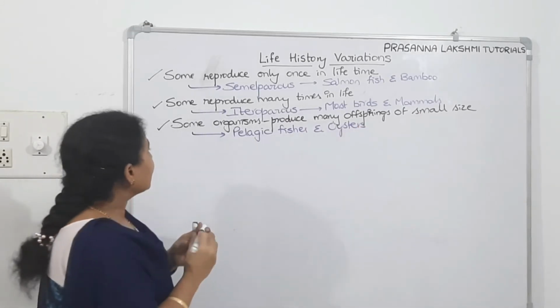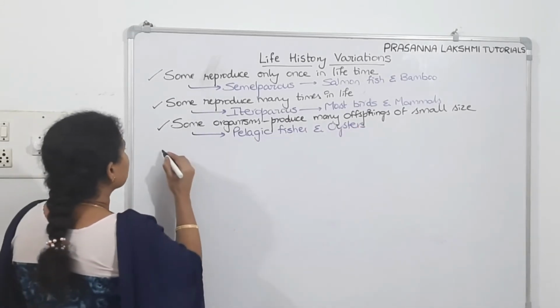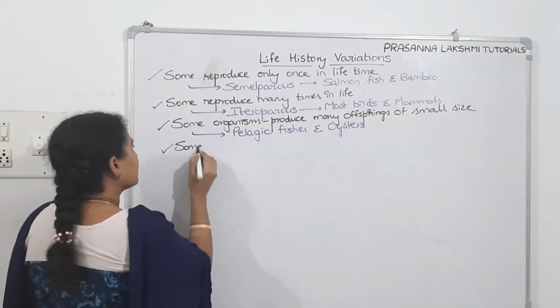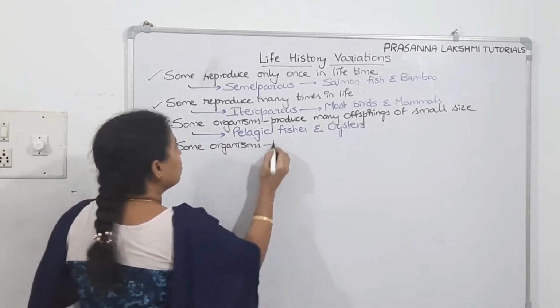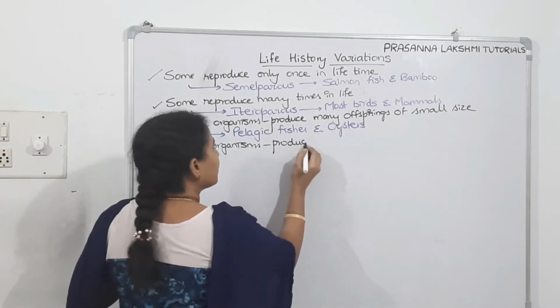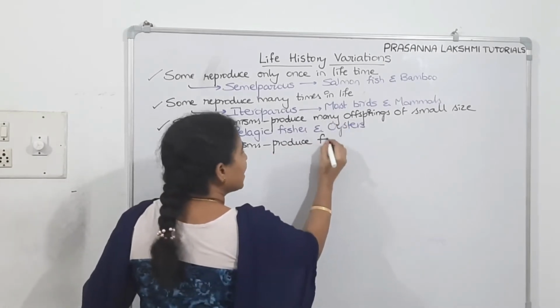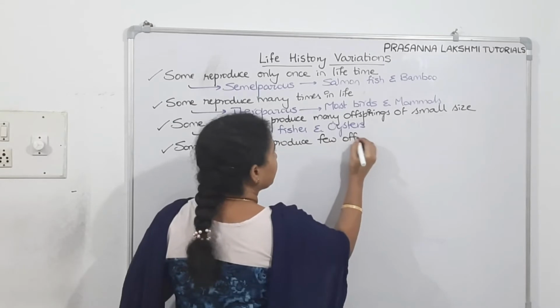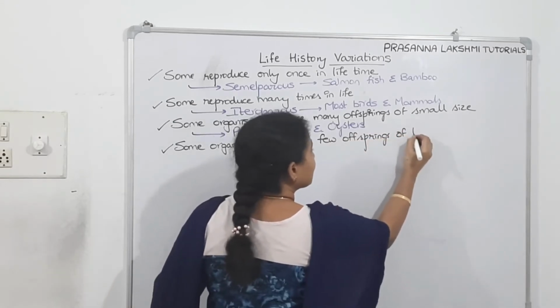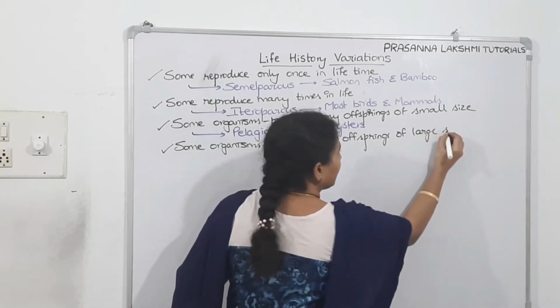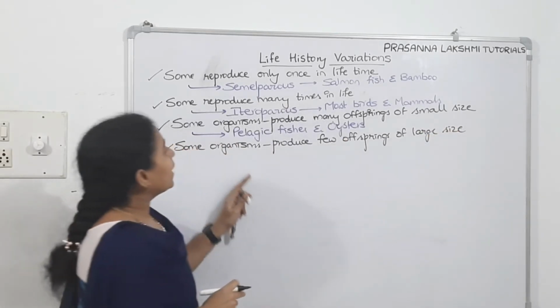And the other category, some organisms, in contrast, will not produce many offsprings, they will produce few offsprings. Since they produce few offsprings, they can be of large size. That means it is related to heteroparous.